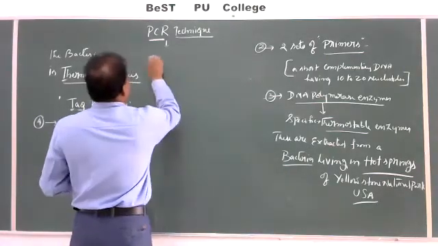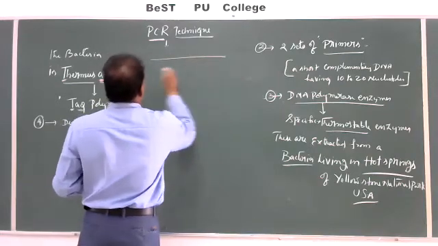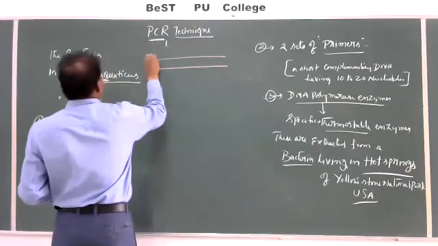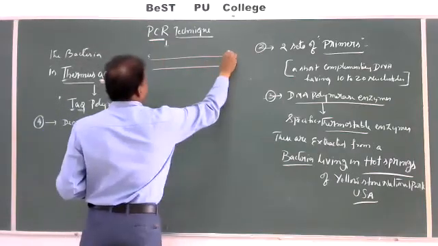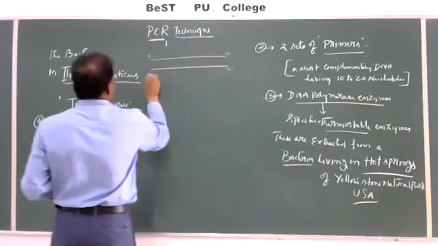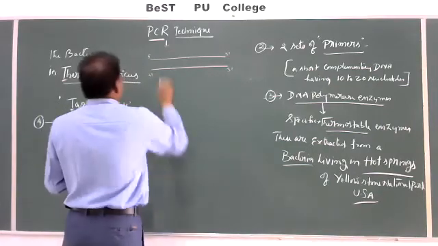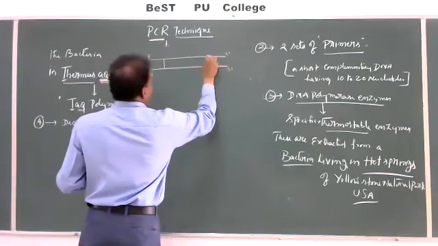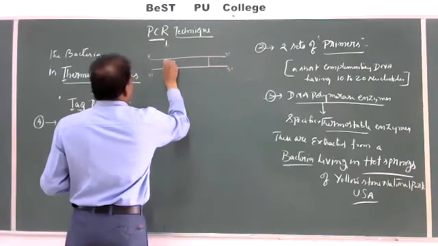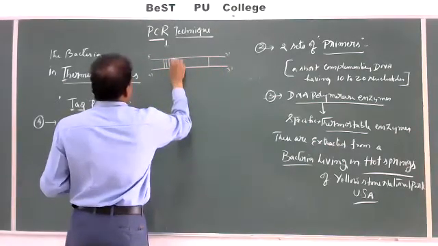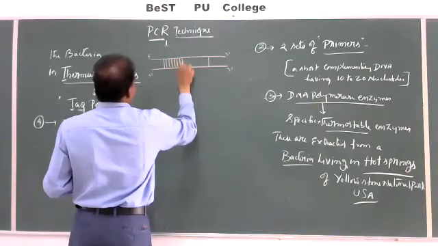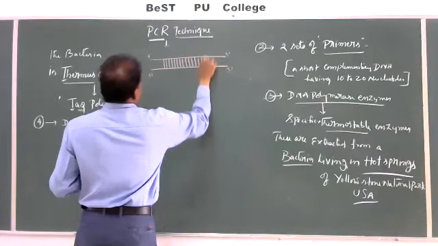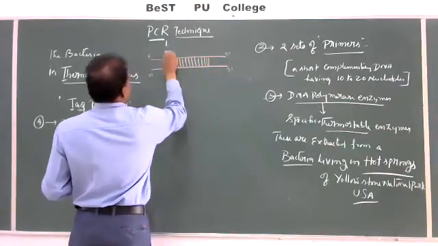This is the DNA molecule, a segment of DNA, and this is the place where sequences are there which are considered as a gene, a piece of DNA with a specific sequence.